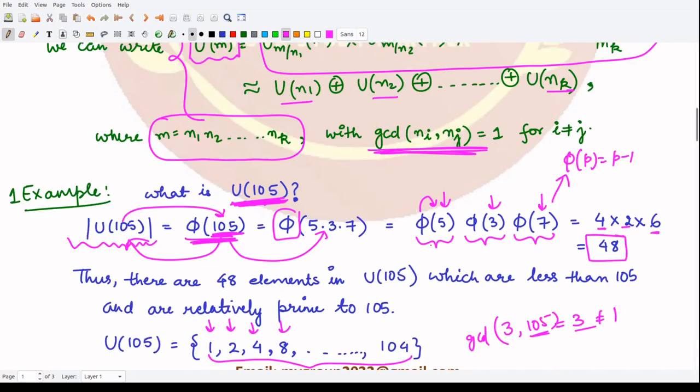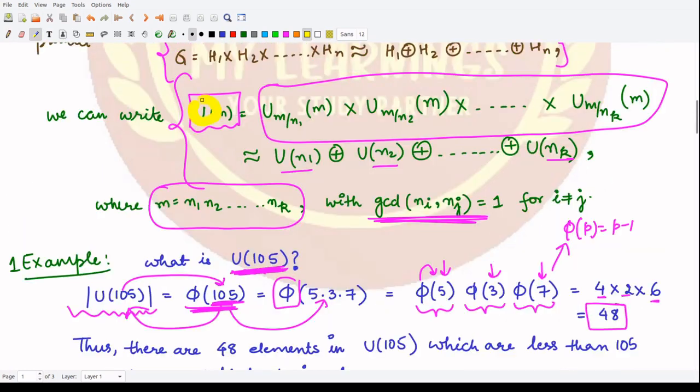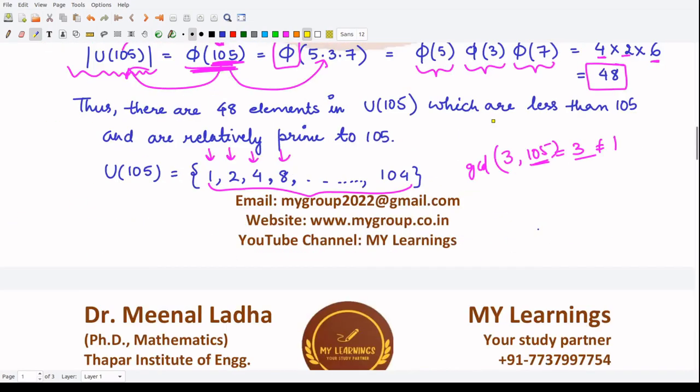Now according to this result, let me highlight it over here. You can express UM as UM upon N1 times M, UM upon N2 times M, and so on up to UM upon Nk times M. This is the first result about internal product.